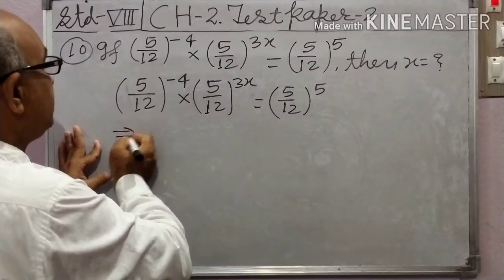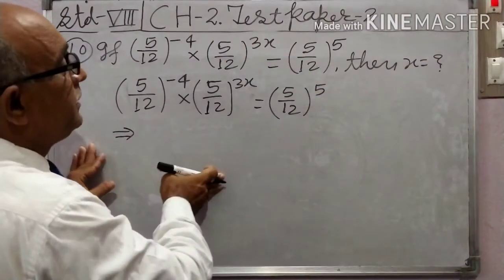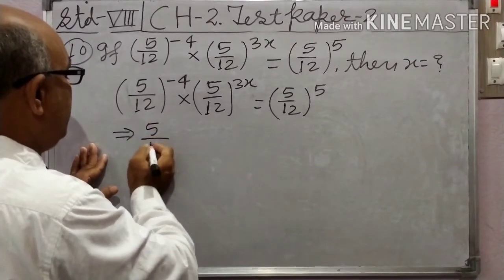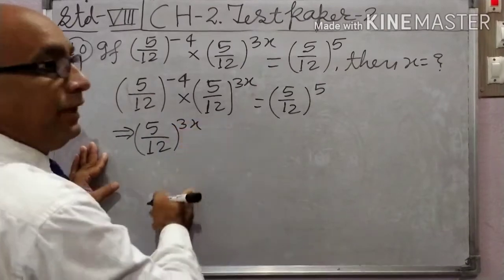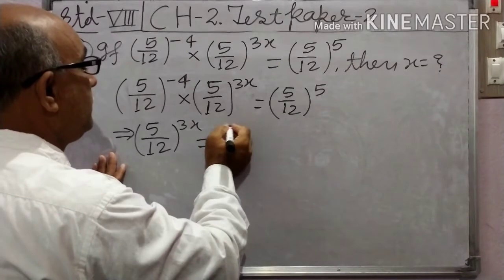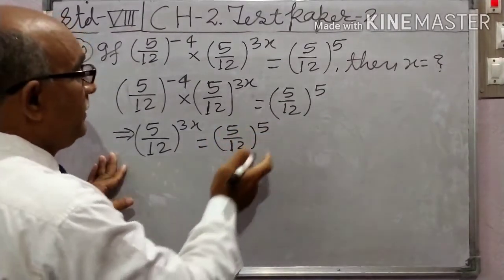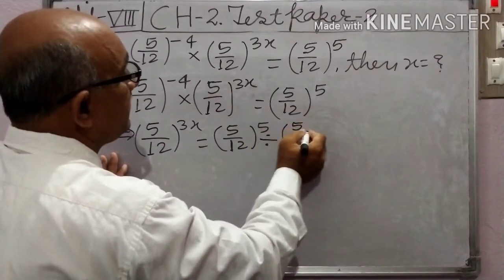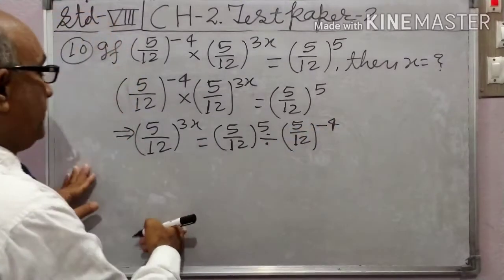Now that implies 5/12 to the power minus 4, by transposition, changes into divide there. So 5/12 to the power 3x equal to 5/12 to the power 5, divided by 5/12 to the power minus 4.